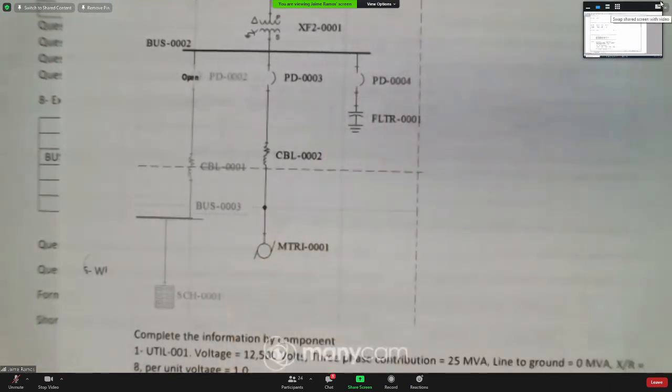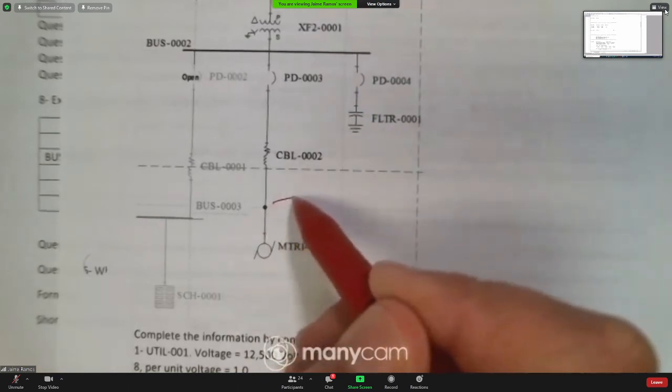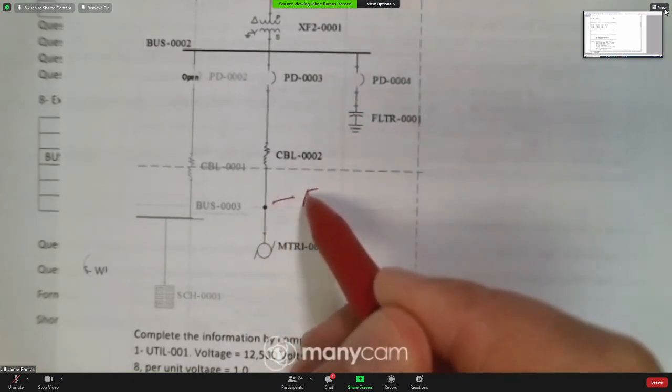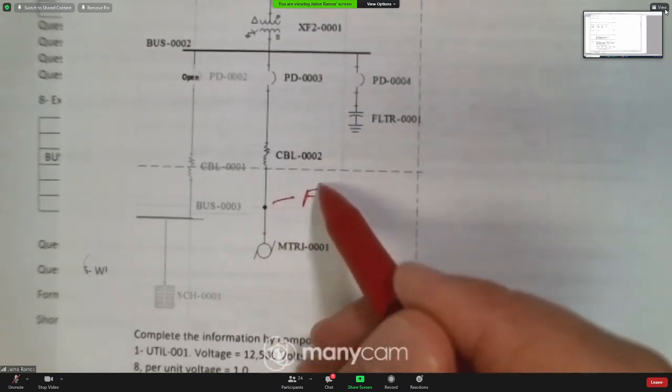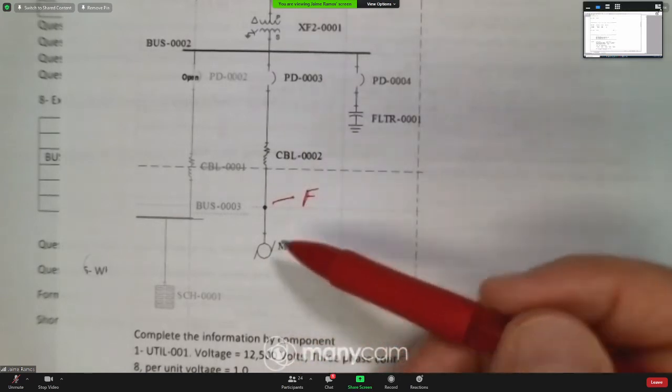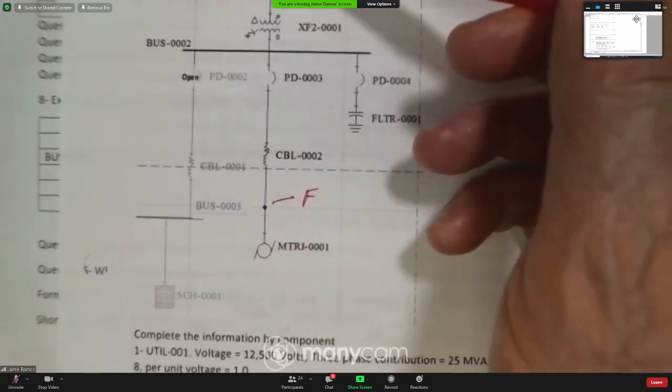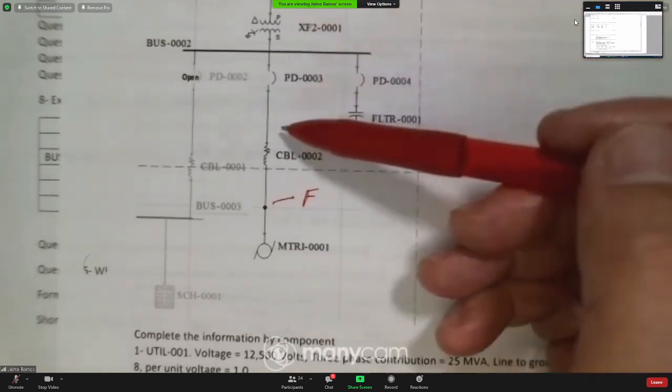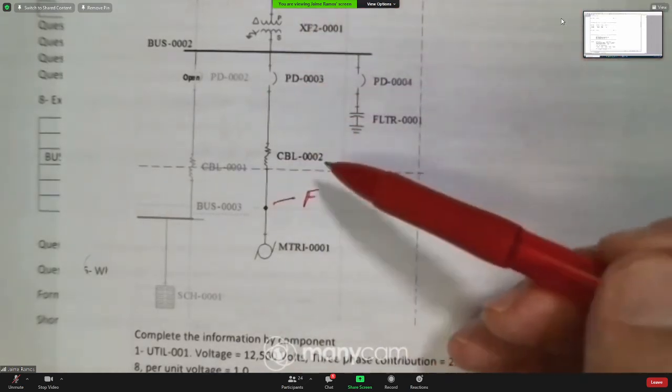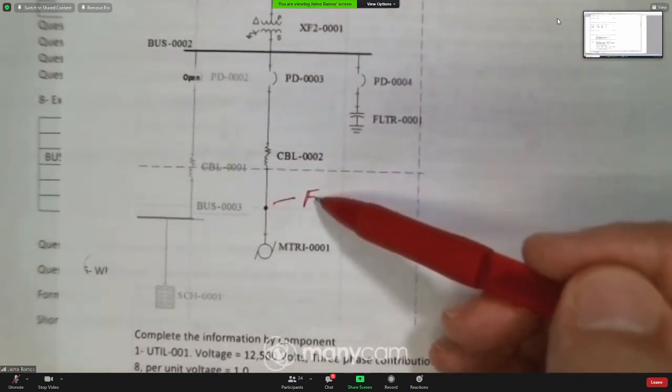The fault is a sink of energy, and all sources which store energy send current to the fault.